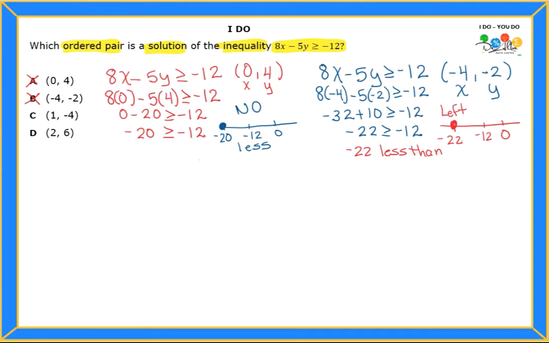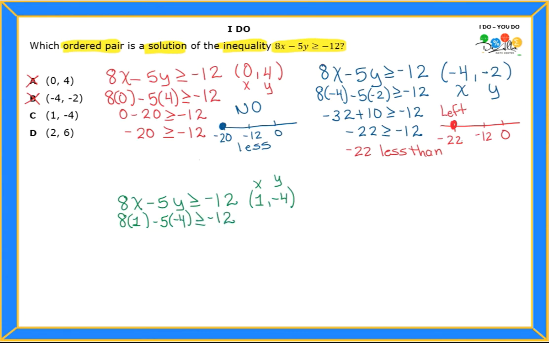Okay, let's move on to the next one. I'm still going to write down the same inequality. And I know what you're thinking, Miss, that's a lot of work. Yes, it is. But this is just for you guys to practice and see the lesson, okay? So the point that I'm going to choose now is 1 and -4, where 1 is x and -4 is y. I am going to replace x with 1. I am going to replace y with -4.